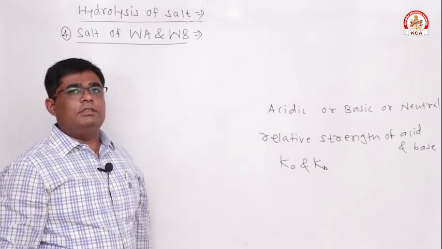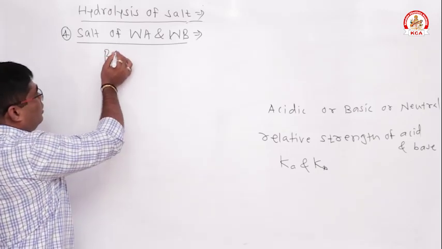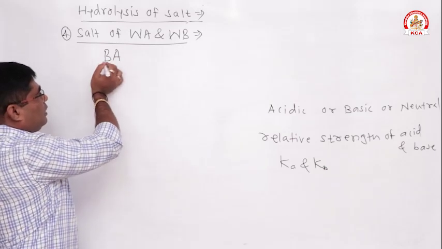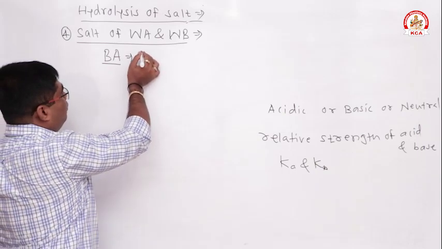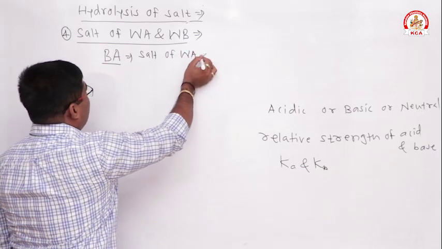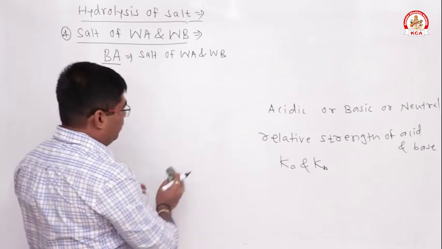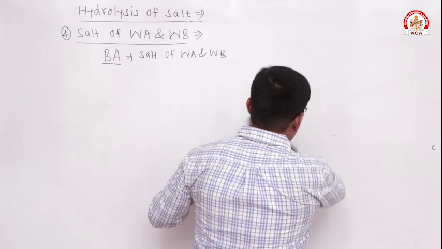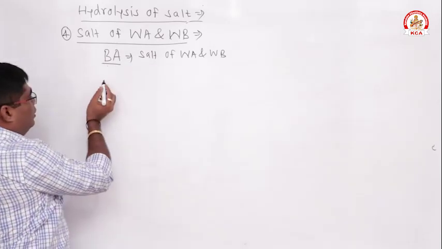Now let me consider a general example. So consider one of the salts. In general, it is the BA, a general salt. What is the type of this salt? It is the salt of weak acid and weak base. Now this salt of weak acid and weak base, what happens?